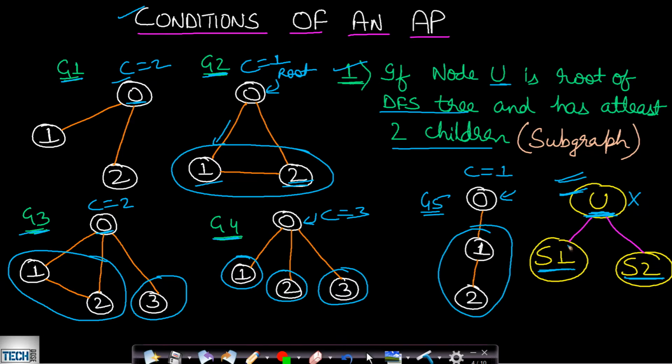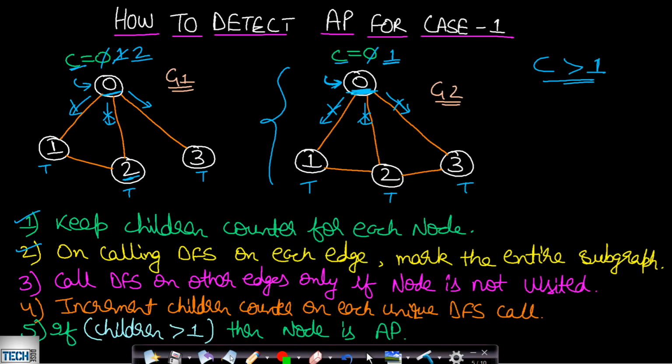In this case, we had, let's say, 2 subgraphs connected to the root node. Even if we have more than 2 subgraphs, if we remove this root node, then obviously these components will be newly formed, and so our number of components increases. So this U, that is the root node, will obviously be an articulation point.